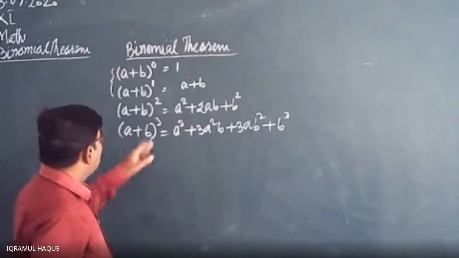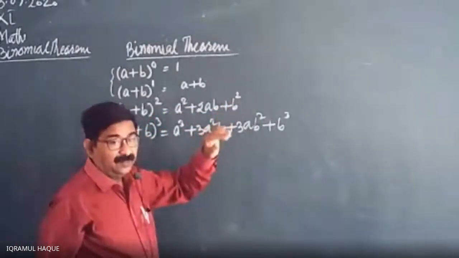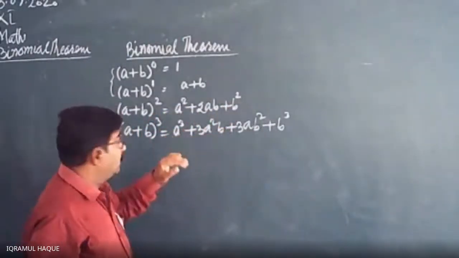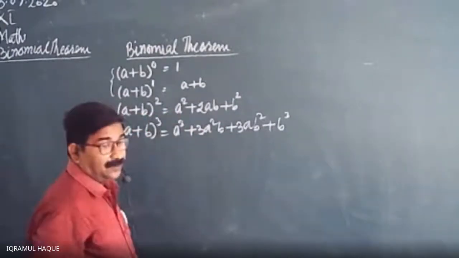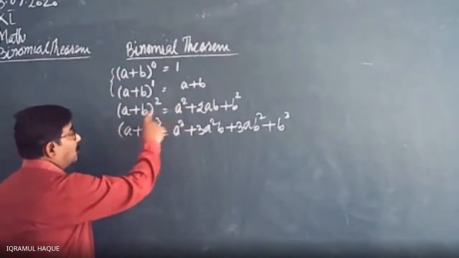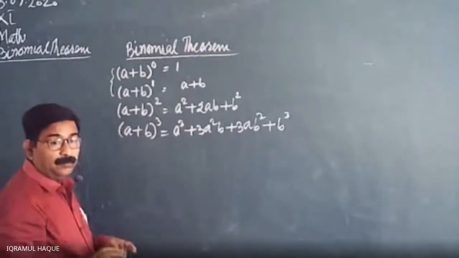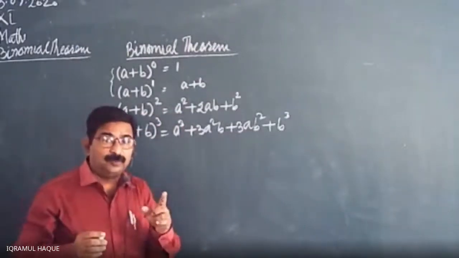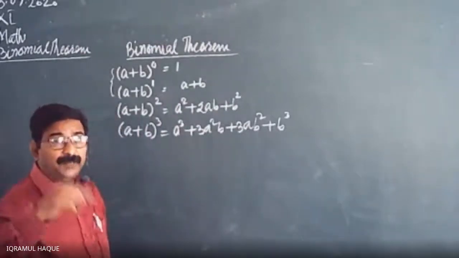Now, after that, exponent is decreasing. Exponent is decreasing of first term, and second term is increasing. See here, a to the power 2 maximum and second one is minimum. Means first term will have maximum exponent and the second term will have minimum exponent.